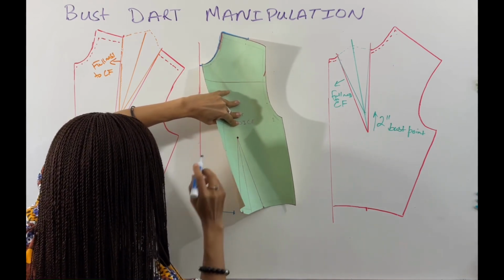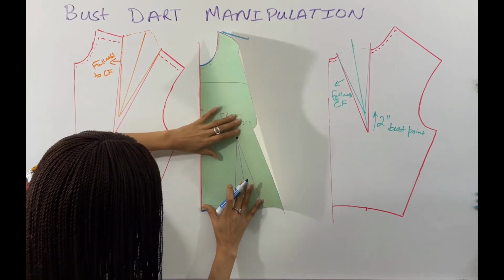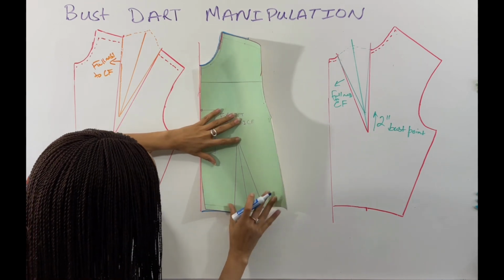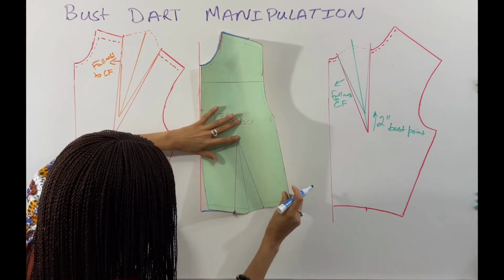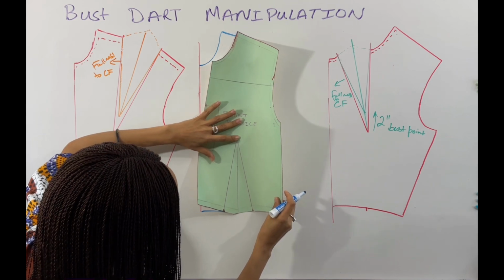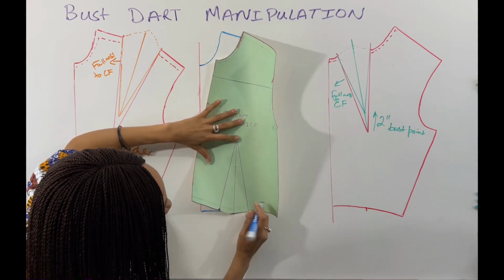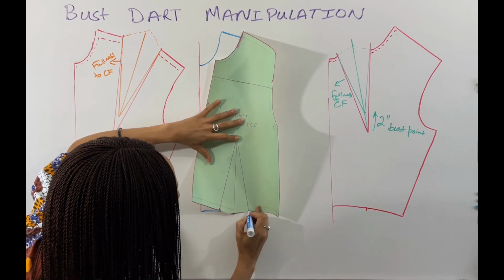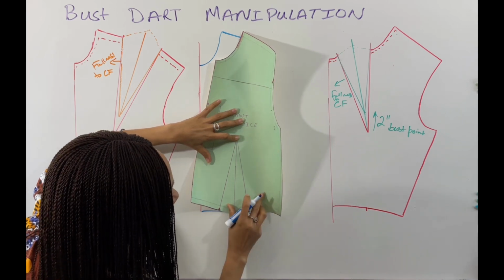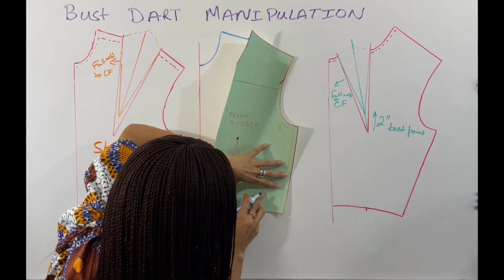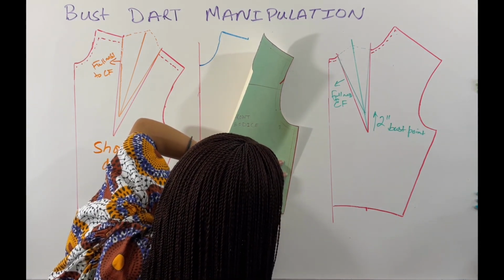What I'm going to do next is pivot, but I'm not going to close all of it. I'm just going to close half of it. See where my half mark is right here? Notice I'm pivoting it to there. So this is now going to be my new end of the dart, or my new dart width.